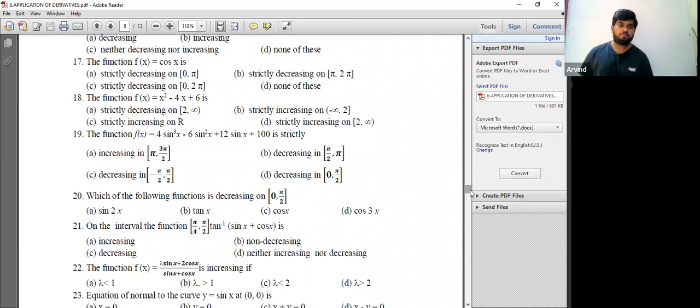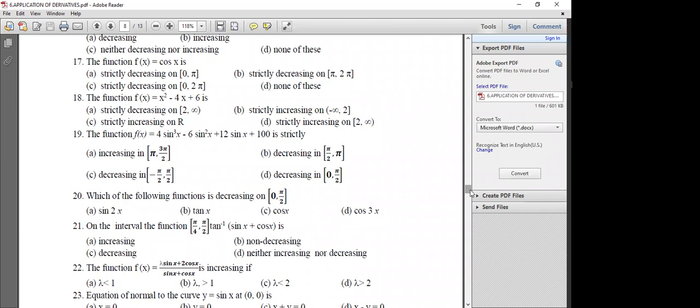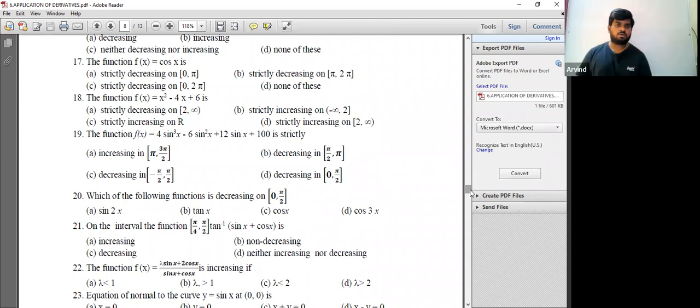So they have given you 4 options. Strictly decreasing on 0 to pi, strictly decreasing on pi to 2 pi, strictly decreasing on 0 to 2 pi, none of these.